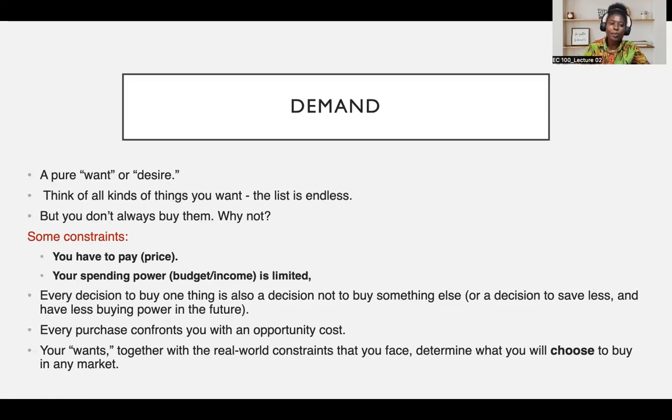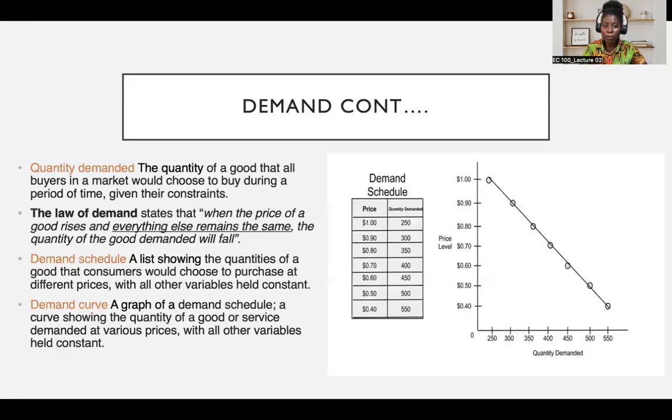So here, every purchase that you encounter will confront you with an opportunity cost. You have to make a decision, and then you have to choose to buy in any market. That is where demand becomes viable.